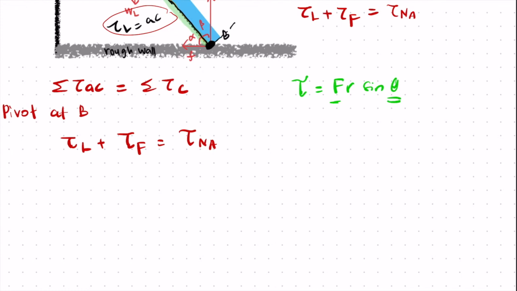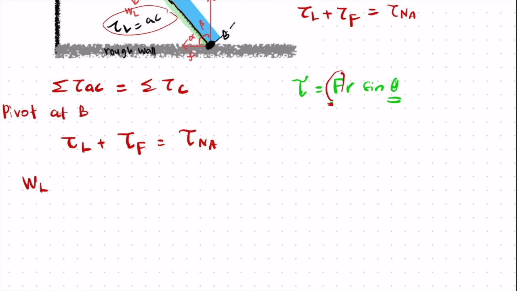Theta is the angle between F and R. Then torque here, I can write: for F is MLG, or WL sin, WL for F, okay.